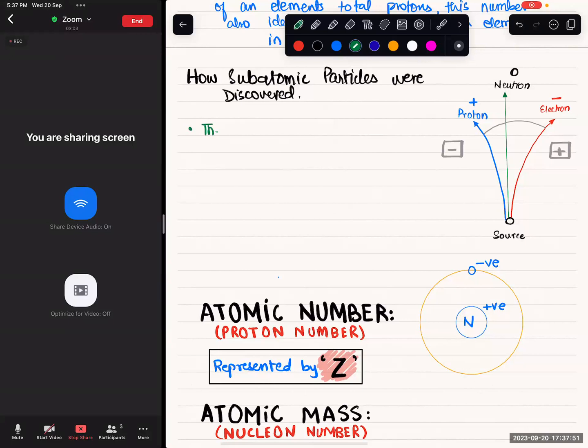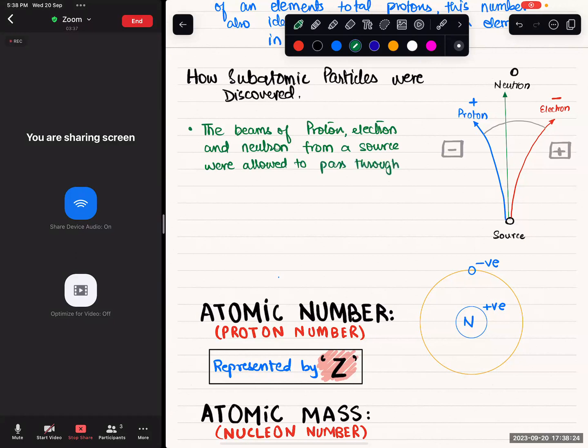The beams of proton, electron, and neutron from a source were allowed to pass through the electric field.